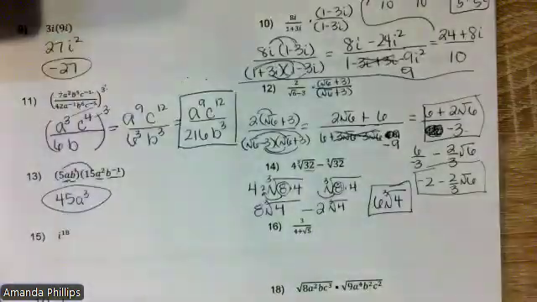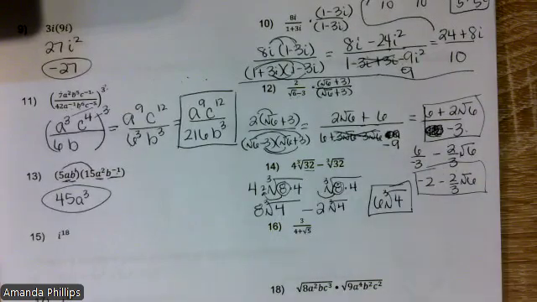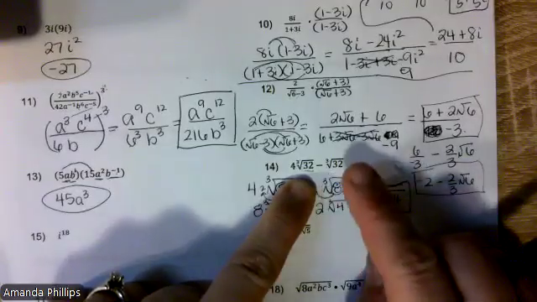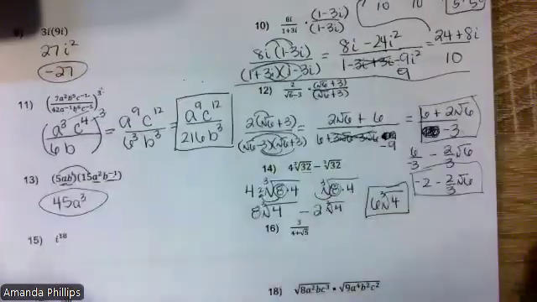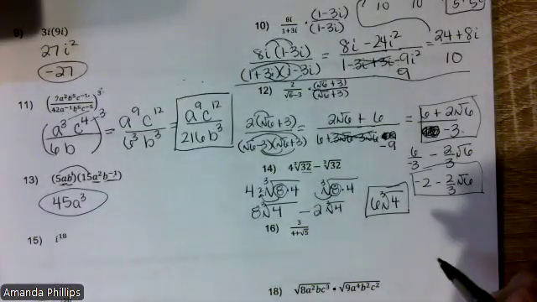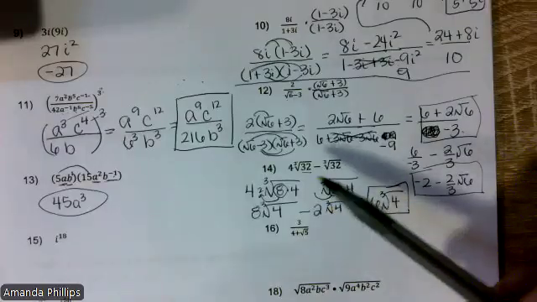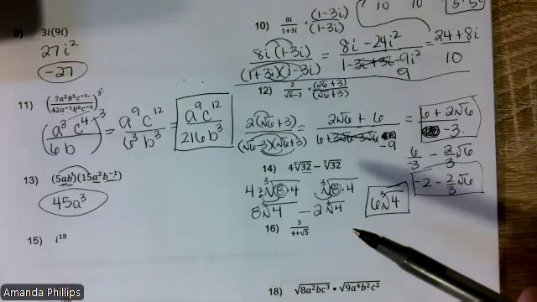Now, sometimes I get so lost in the process that I don't actually look at the problem before I start. These were both cube root of 32. And so if you wanted to, first, you could put those together. That would be 3 cube root of 32. Now, you would still have to simplify it, and you would still simplify it the way we did. It's just a different way of getting there.